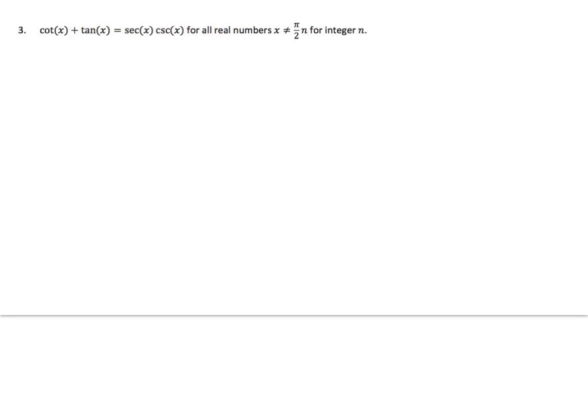So let's start. I have cotan x plus tan x. So cotangent is 1 over tangent, which is 1 over sine over cosine, which equals cosine over sine.